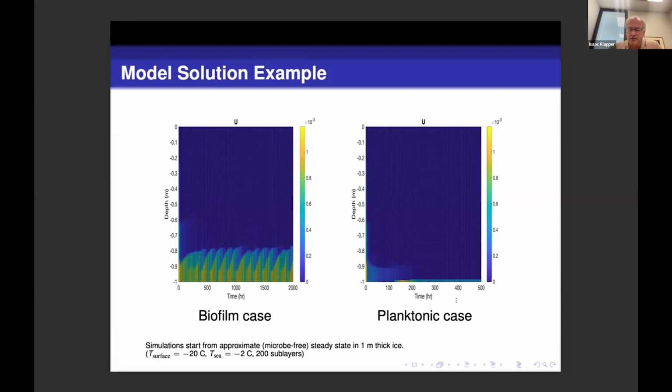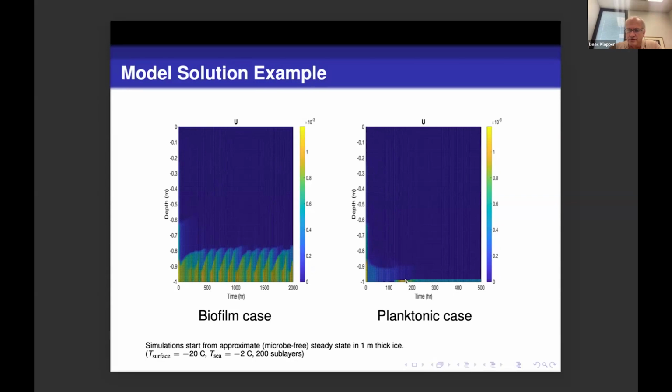On the right is a planktonic case. So this is where the microbes are not stuck to the ice. They just move, and you can hardly see it, but again, there's a much smaller layer. This is a 1 meter ice sheet, and it's basically 10 centimeters. There's some extra stuff going on above, but that's another story. So here it's, I think, 3 or 4 centimeters thick.